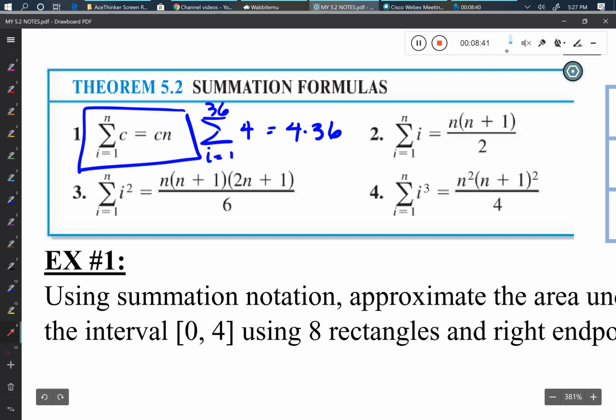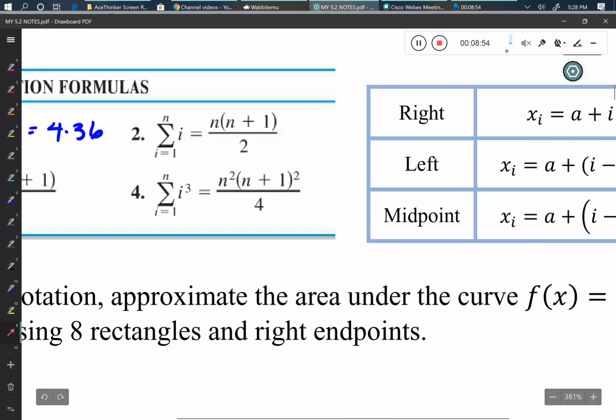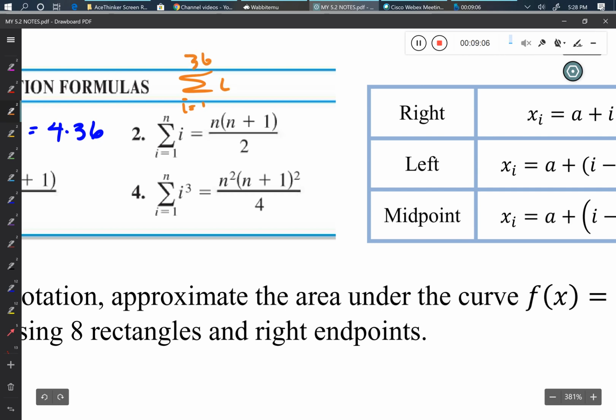So I'm going to draw some arrows here to make those connections. 36 was the n, 4 was the c, and what's the answer when you do a summation from 1 to 36 of the number 4 a whole bunch of times? It's 4 times 36. We also just did number 2 here. We did the summation as i went from 1 to 36 of i, and we said that that was 36 times 37 divided by 2.